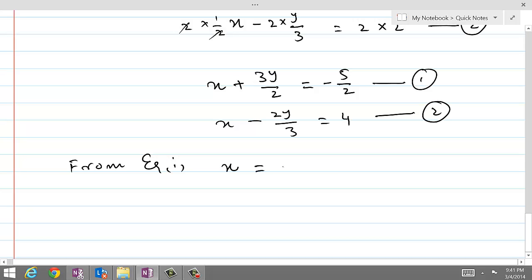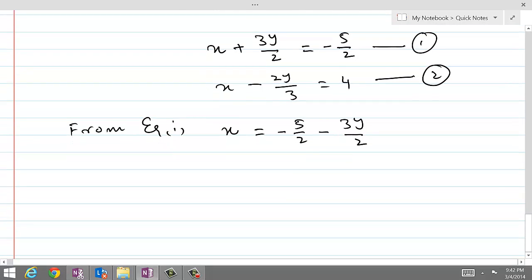We will isolate x. This will become minus 5 over 2 minus 3y over 2. This is from equation 1. Either you can use equation 1 or equation 2, that doesn't matter. So substituting this value of x in equation number 2.